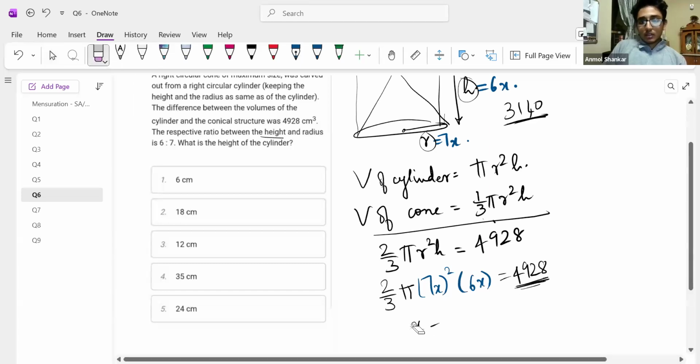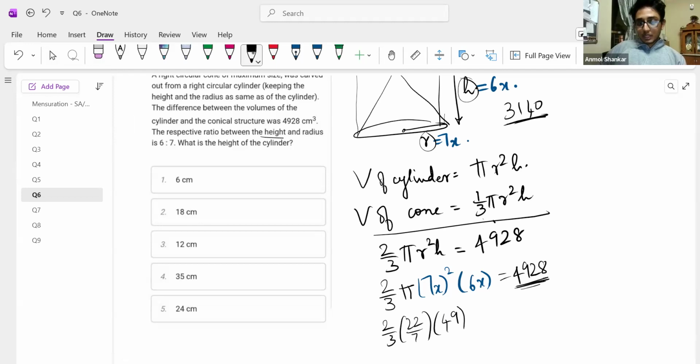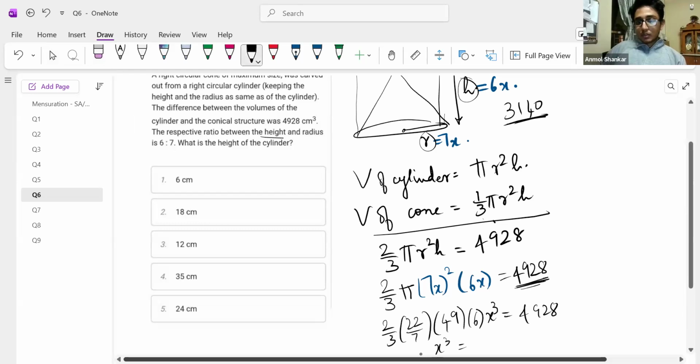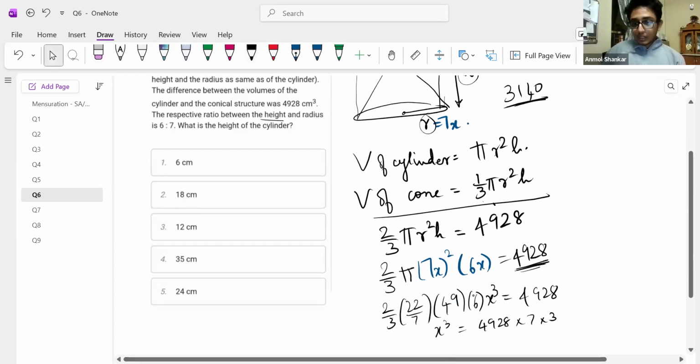We'll quickly solve it. 2 by 3 into 22 by 7 into 49x² into 6x gives x cube. So x cube is equal to 4928 into 7 into 3 divided by 2 into 22 into 49 into 6.